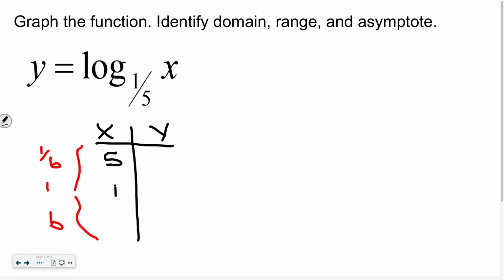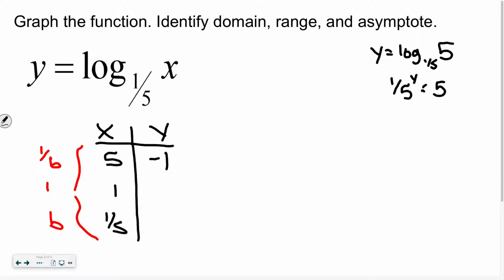And then put in 1 and put in b itself, which is 1/5. So these are kind of out of order. But then I can think about, okay, y equals log base 1/5 of 5. That's saying 1/5 to what exponent equals 5? And your answer is -1.